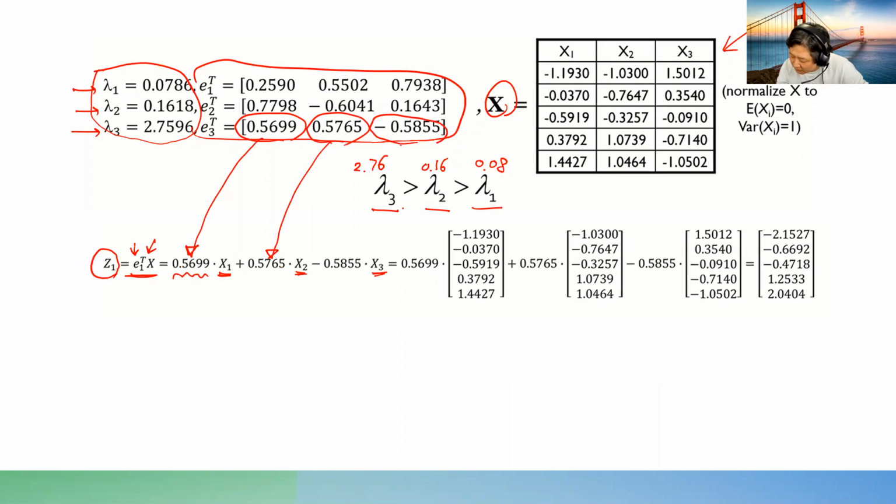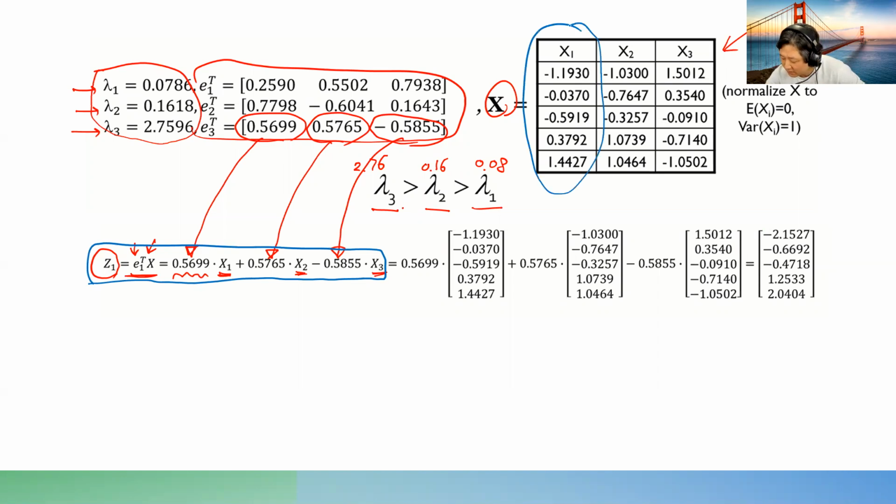Here, this eigenvector is here. Do you follow me? So this equation is the first principal component. Okay. And then if we add, this is x1 data, right?